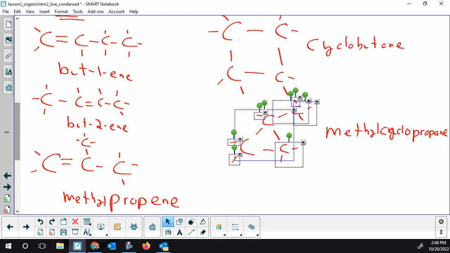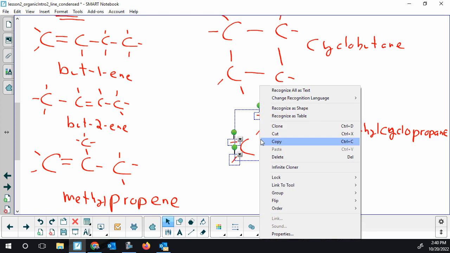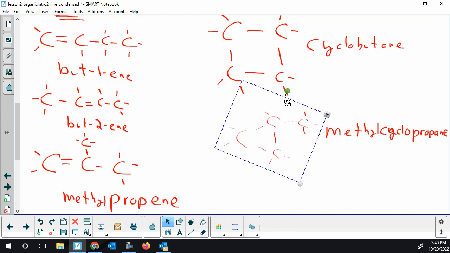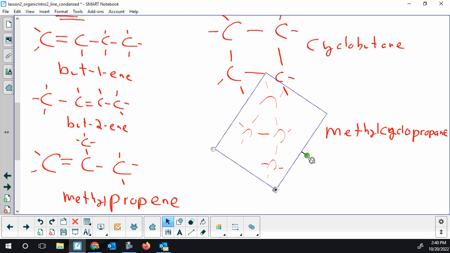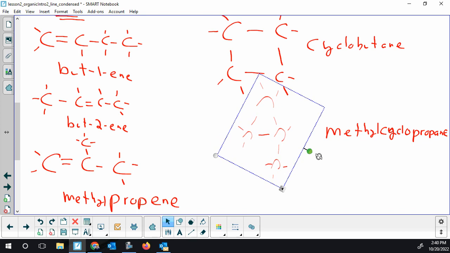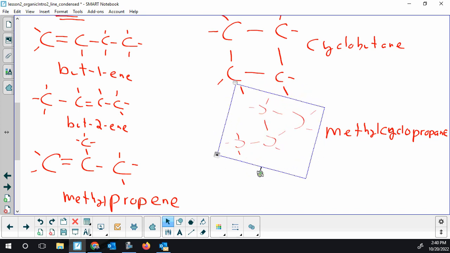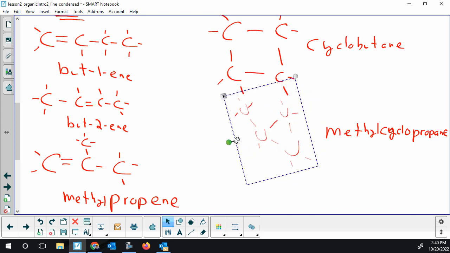If I lock that together, we can kind of see that by rotating it. So that's methylcyclopropane with the branch on the top, but I can move the branch to the bottom right, and it's still the same structure. I haven't changed the bonds, or I can move that to the bottom left. It doesn't matter where I put it.